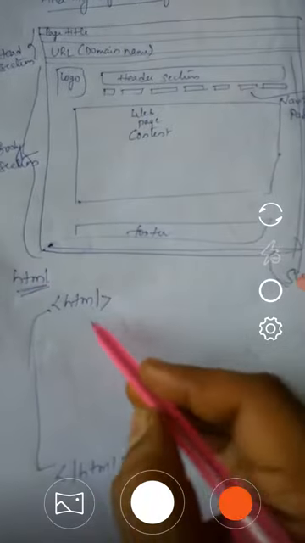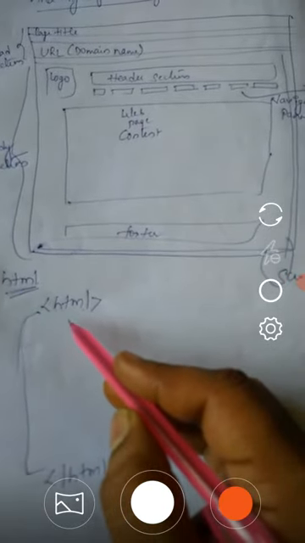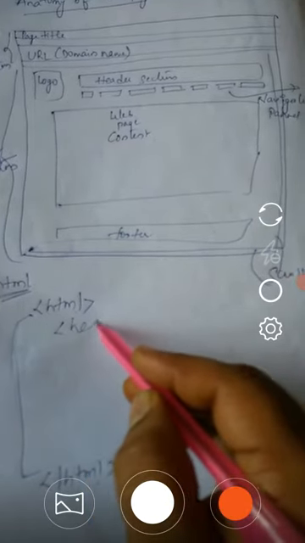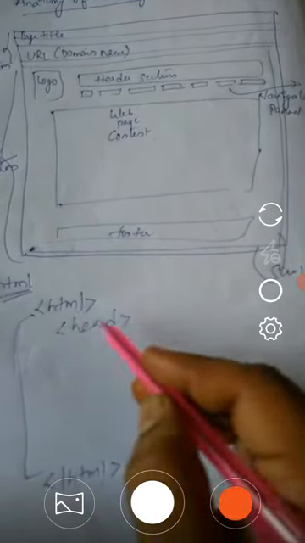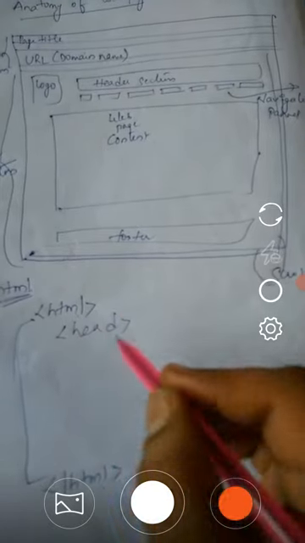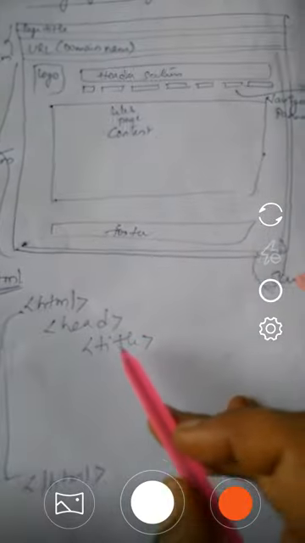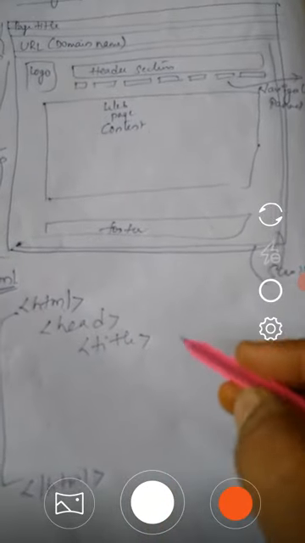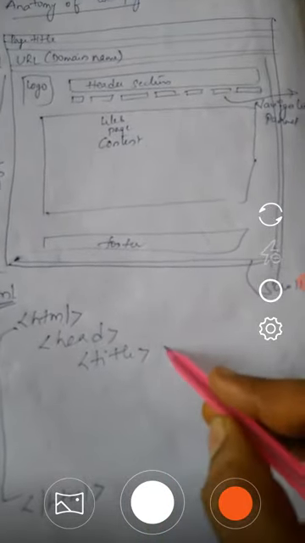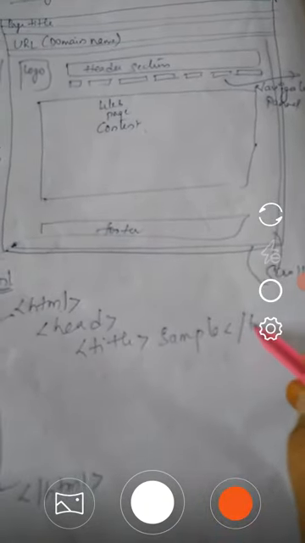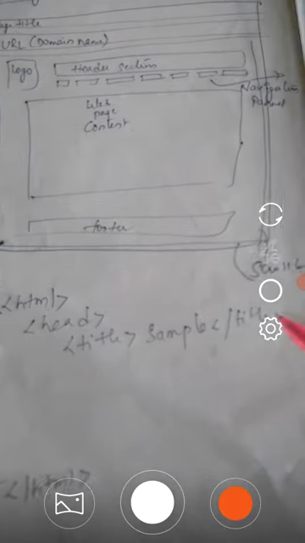web page. So suppose you want to mention the web page title. Now you should write another section in this HTML program, that is the head section. In this head section I am going to represent a title, that's why I am using the title tag here. Suppose my web page name is sample, so I have written sample as my title.